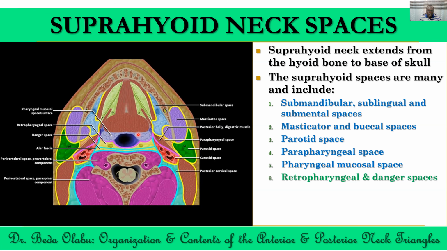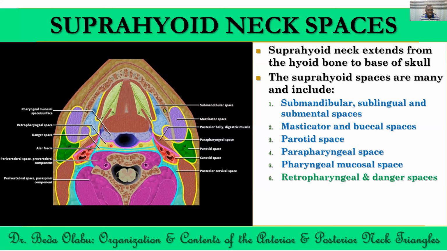Then you have the retropharyngeal space. The retropharyngeal space is the region just behind the pharynx. We had already talked about the retropharyngeal space when we discussed the infrahyoid neck spaces, so we will not discuss it in this particular lecture.